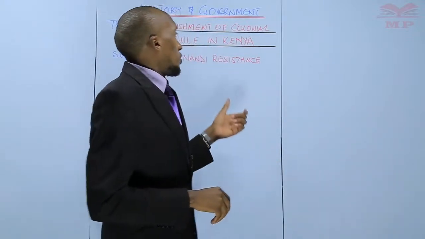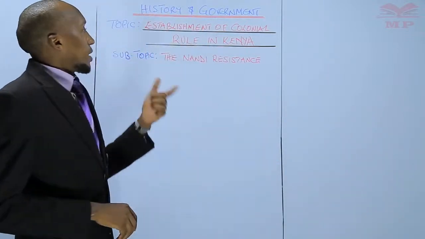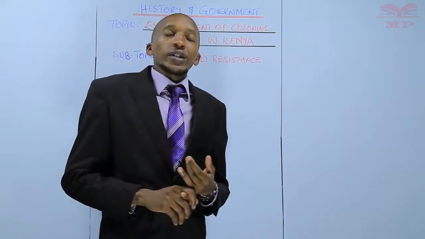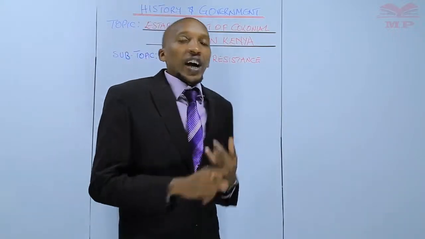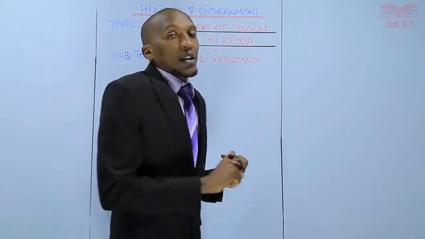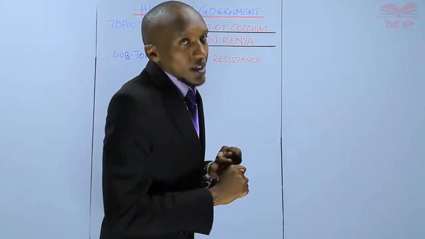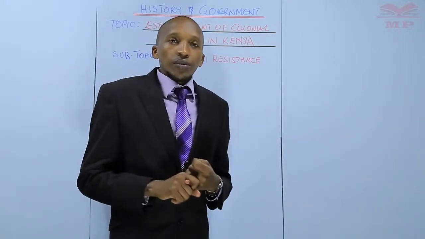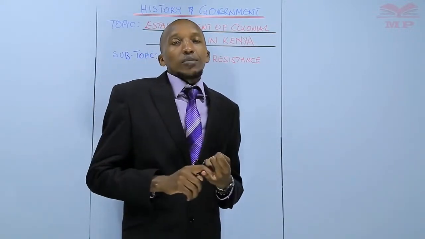But now in our today's lesson, under the Nandi resistance, in our previous lesson we looked at the reasons why the Nandi resisted the British rule, and we discussed them in detail.